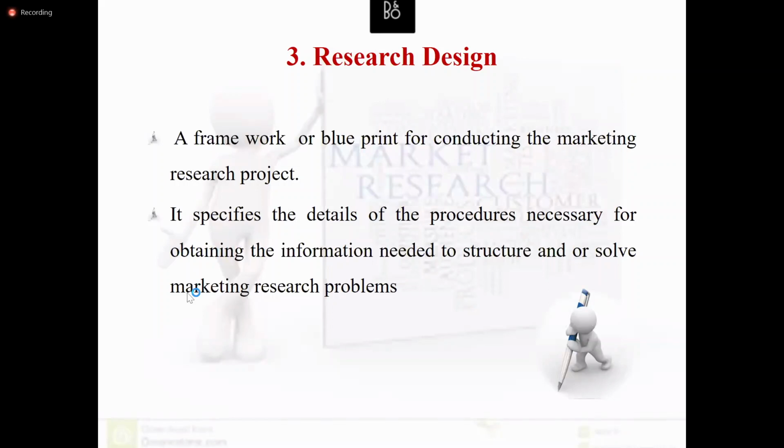So what is our study population, and from the study population, how many people are we going to have for our data collection? That is called the sample, or the sample size.